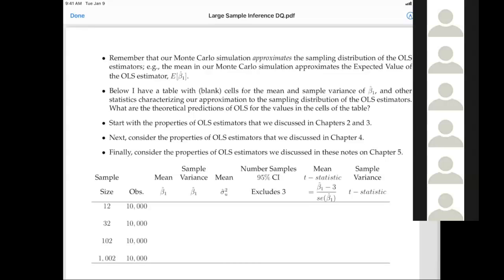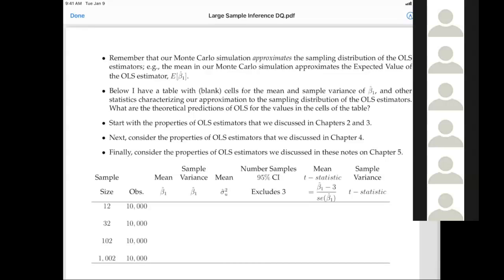For the mean and the sample variance? Yeah, or whatever. Well, you tell me, because that's the question. What can we say? All right, so for the mean of beta hat 1, can you make a prediction, and what is it? Would that be the expected value of beta hat 1?